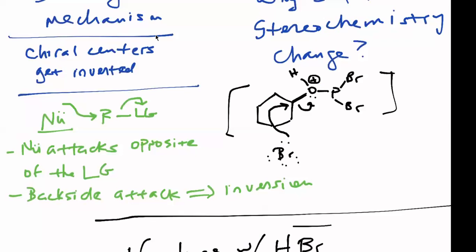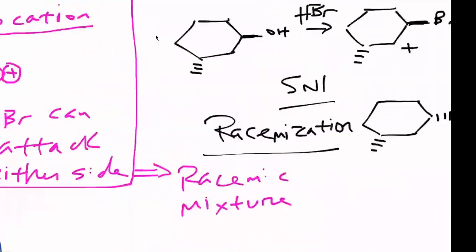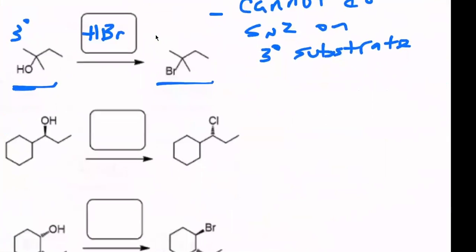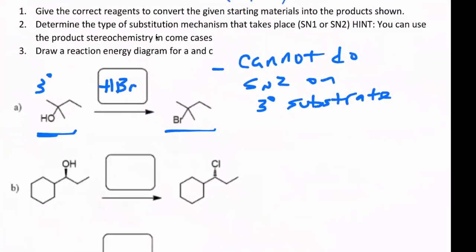For SN1, if the substrate is too crowded, then you can't do SN2, right? You have to go through a carbocation intermediate, which this reaction, if you remember the mechanism, does go through. All right, let me cut it out, and we can talk about that mechanism.